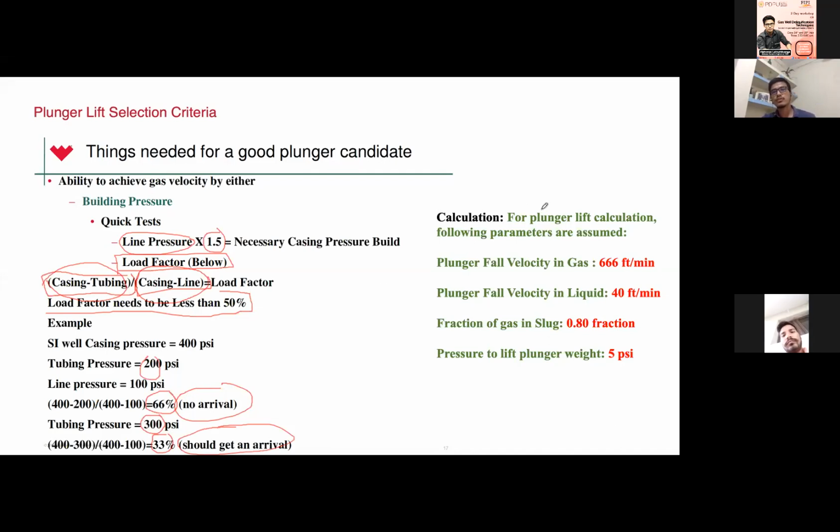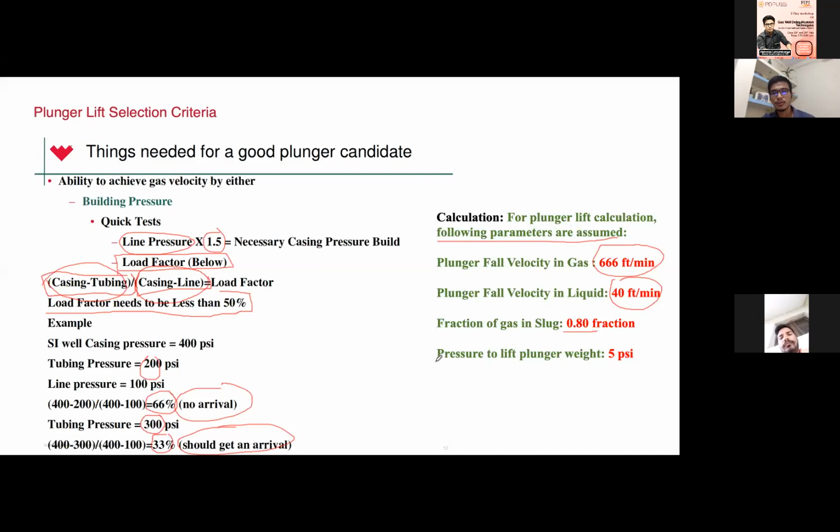And for calculation of plunger lift, the following parameters are assumed in ONGC. The fall velocity in gas is 666 feet per minute. The fall velocity in liquid, we assume 40 feet per minute. The fraction of gas in the slug, the liquid above the plunger, is 80%.